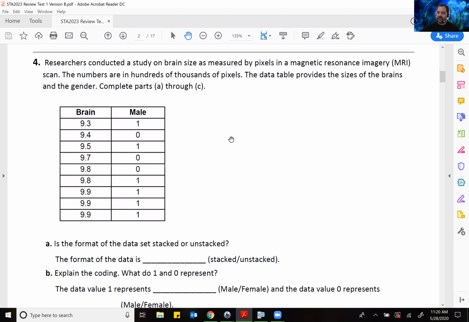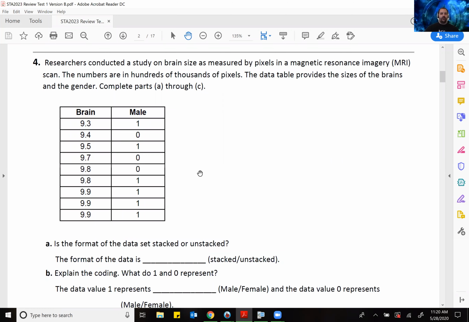Stacked data means that you have more than one group in here. And so it's not the brains that's the problem. It's right here. In here, you have two different groups. You have females and males. So stacked data takes two groups and puts them together.